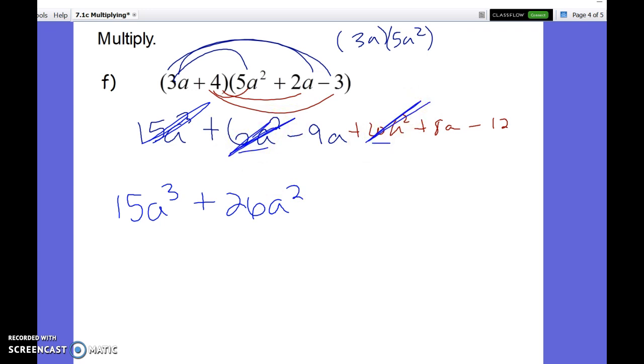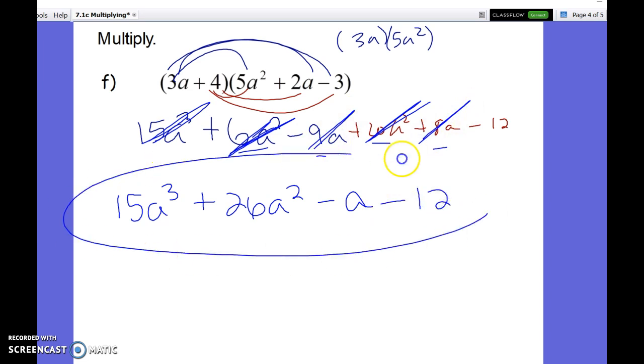Okay, well, now I'm looking for a to the first power, so I've got negative 9a plus 8a. Well, negative 9 plus 8 leaves us with negative 1a, in other words, just negative a. And then last but not least, we have negative 12 taken along there at the end. So 15a cubed plus 26a squared minus a minus 12 is our final answer.